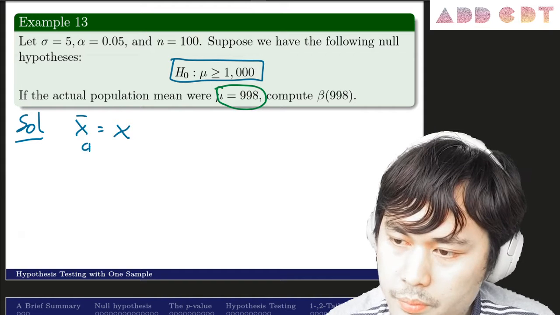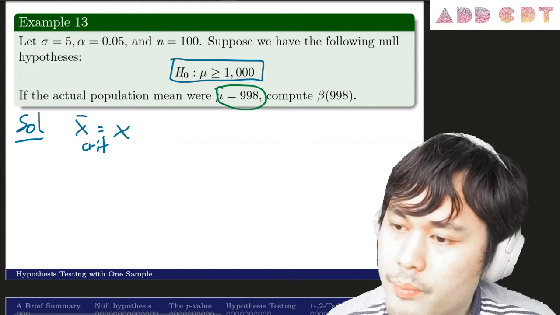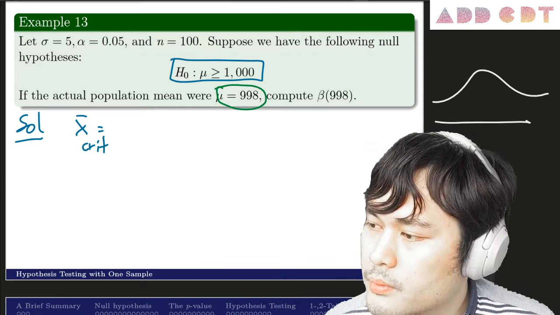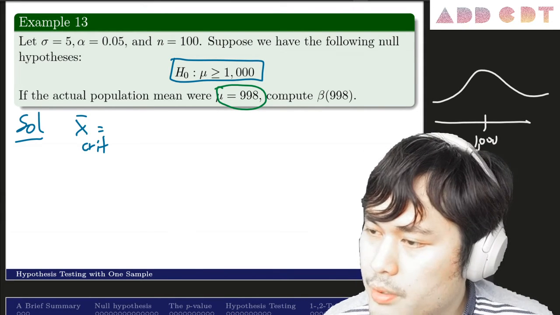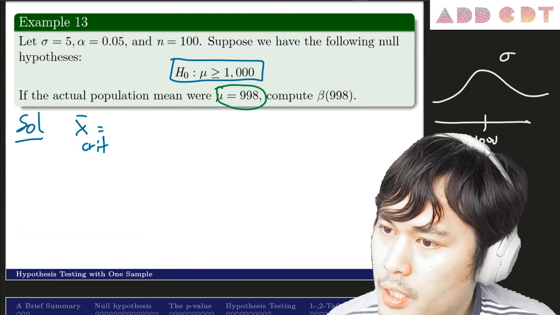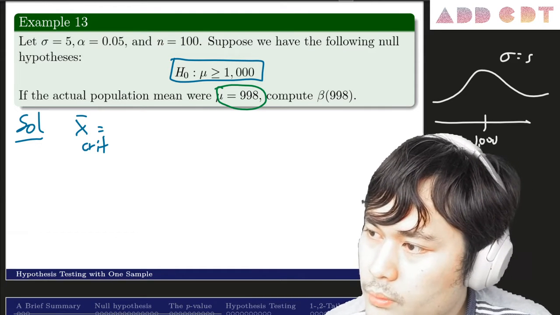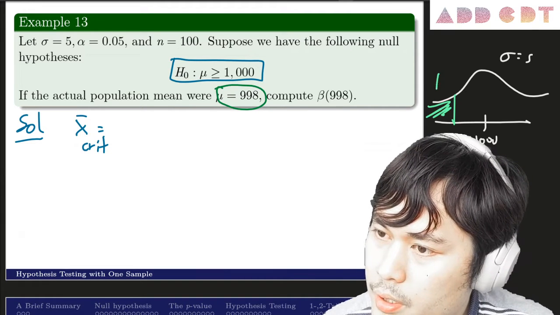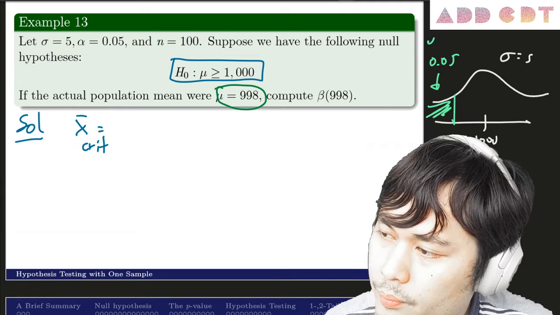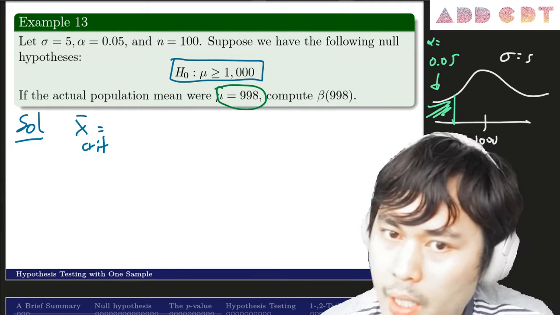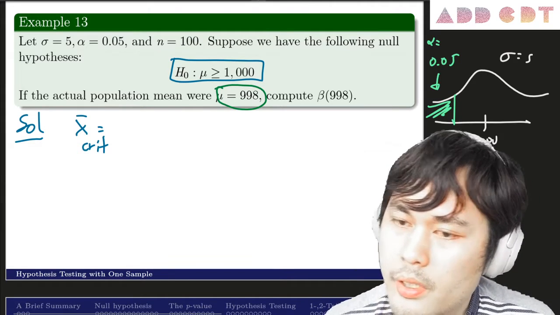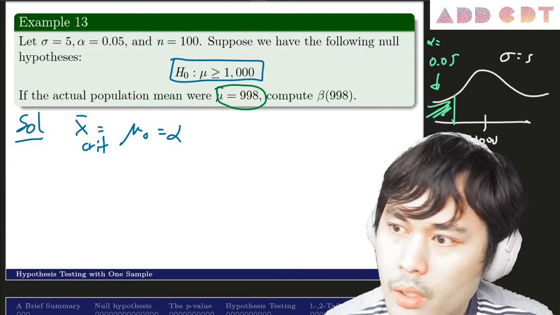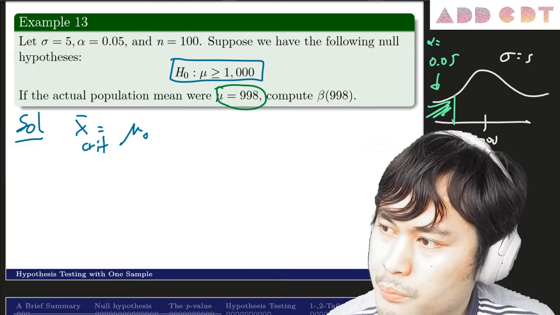Now we get the x crit. We can start with this curve, centered at 1000. Sigma is 5. We want to get a point here such that this area is 0.05, which we can do by computing using the formula I provided. Sorry, it's minus.